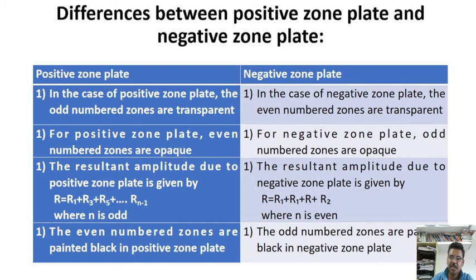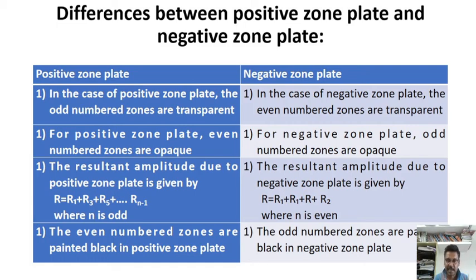In the negative zone plate, the even number zones are transparent. Is it clear now? Next, in the positive zone plate the even number zones are opaque, so at that point the light may get reflected, refracted or diffracted. But in the negative zone plate, the odd number zones do not transmit the light.